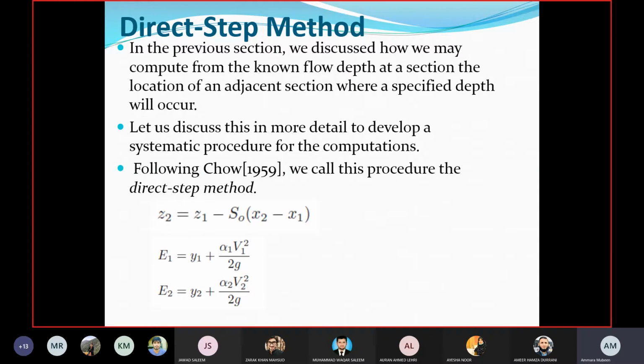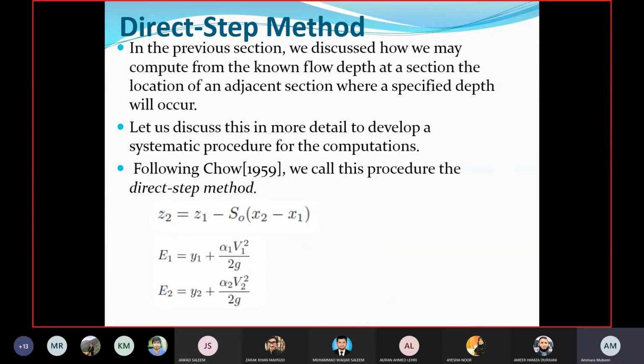It was derived by Chow in 1959, and we call this procedure the direct step method. So in this method, you need to calculate the distance between the two depths. So it is when y is known, but you need to calculate x.